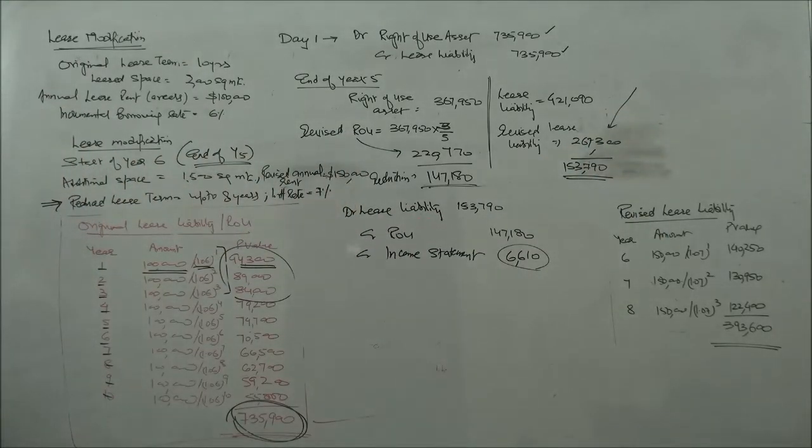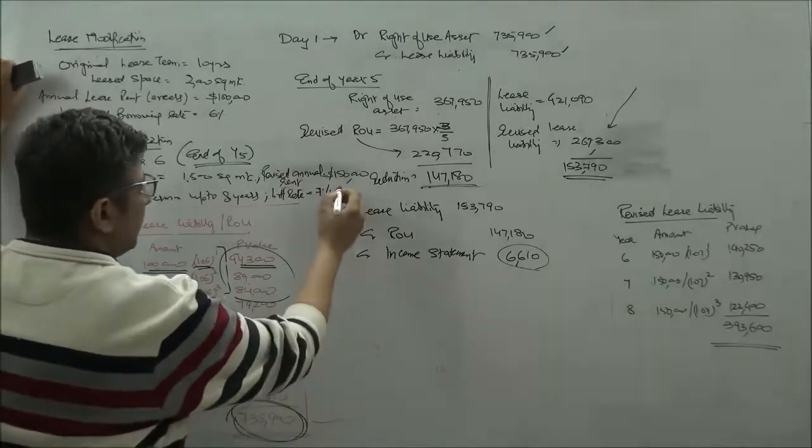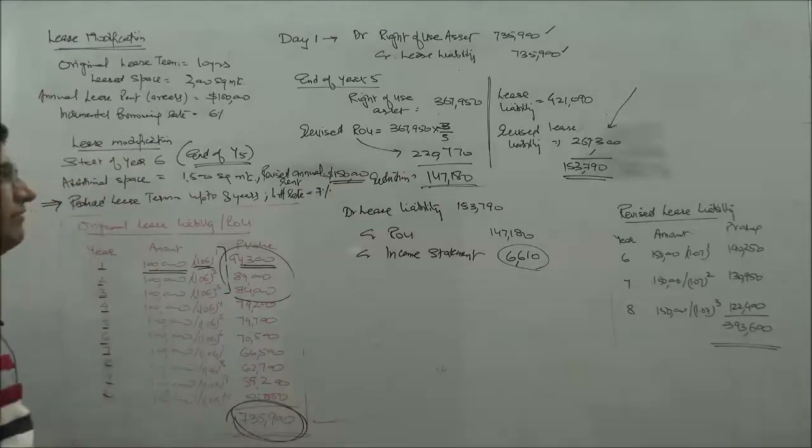Okay, but now comes an additional space, which is, instead of only using the 2000 square meter, I'm using this, and my revised annual rentals have gone to $150,000.